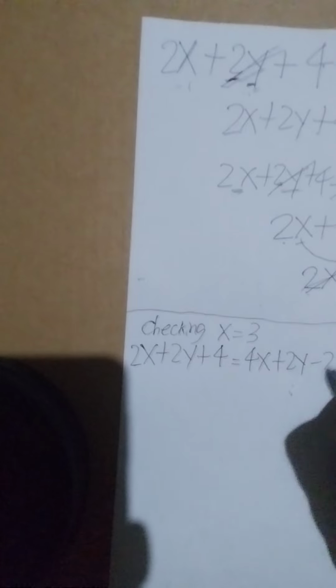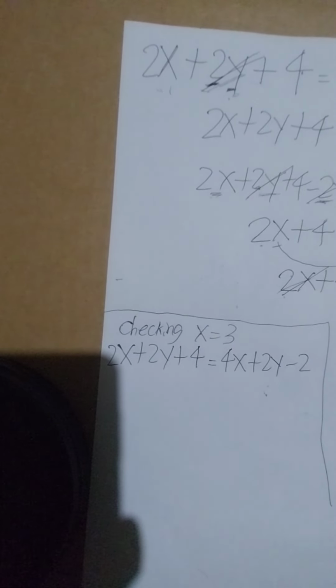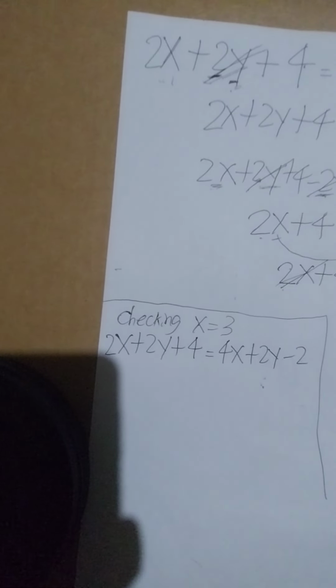Meron kasi, actually something might confusing kasi to kasi may y to siya. So nahanap na natin only x but the y is not. So do we need to find the value of x? Okay. Ay, sorry, not x. Do we need to find the value of y in this problem?